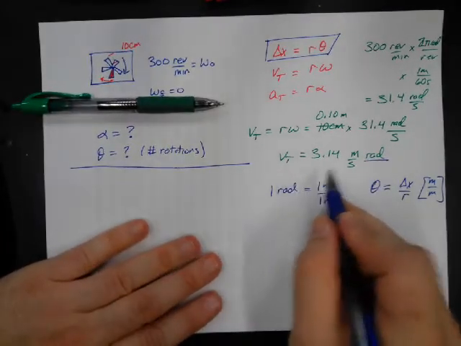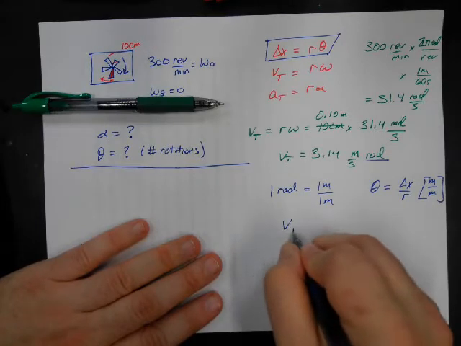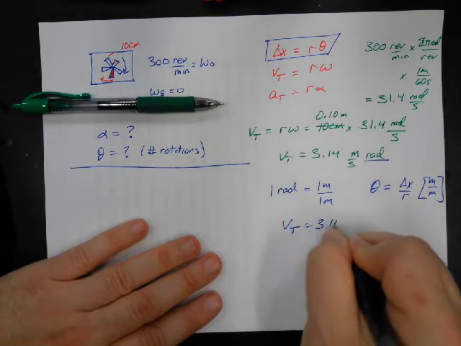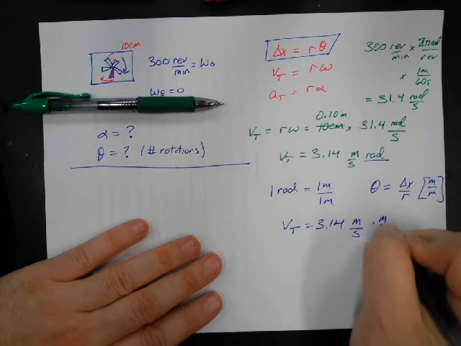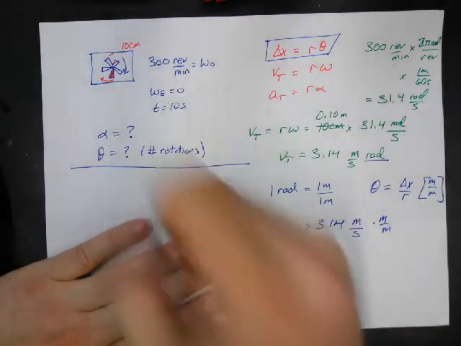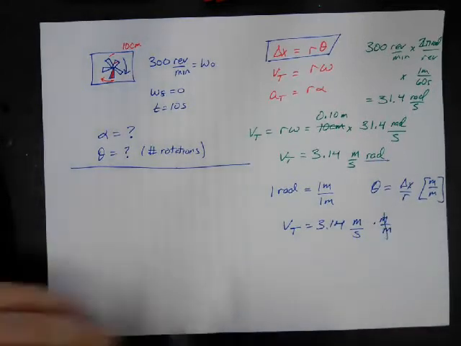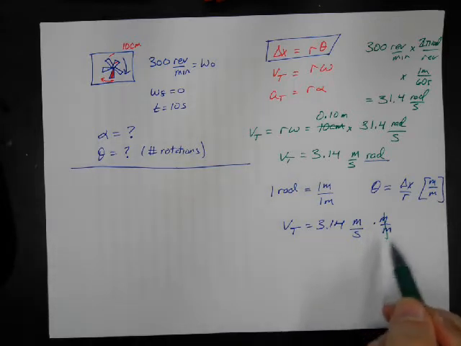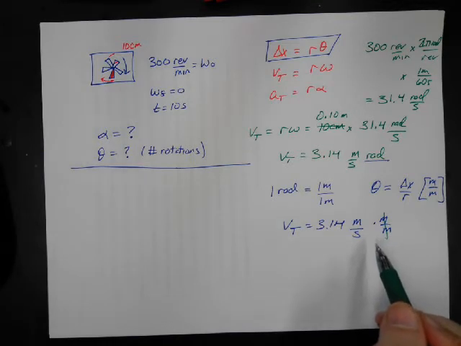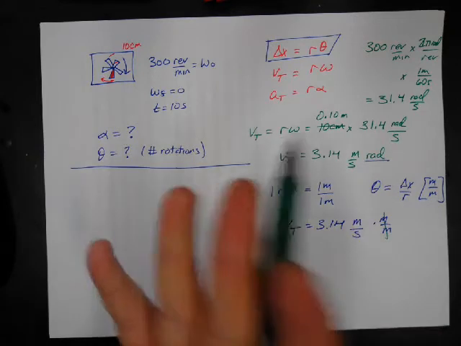So here, this tangential velocity is 3.14 meters per second times meters per meter. And then they just cancel out. So when I was a new teacher, I would just tell students the radians go away or they come back when you need them. If you're missing something, you look at the dimensions, and if it's an angle and you've canceled out some meters somewhere, then you stick in a radian.